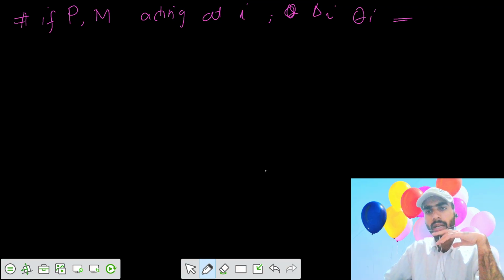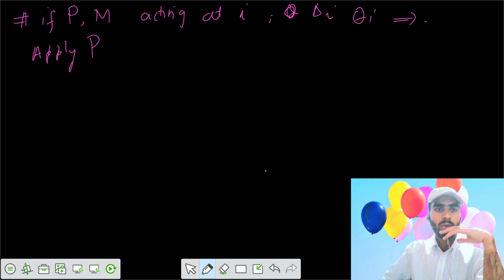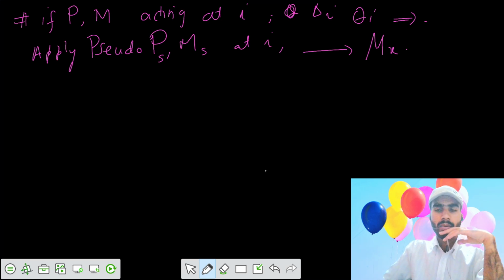Using this method, you apply a pseudo load P pseudo or M pseudo at that location I. Then you calculate the moment at any x because of that.